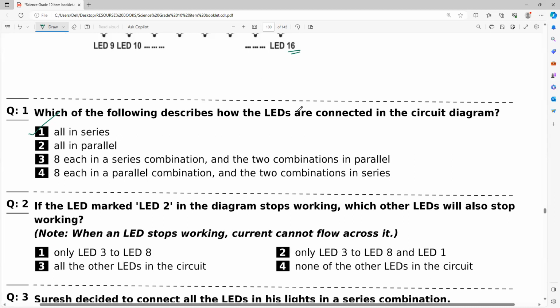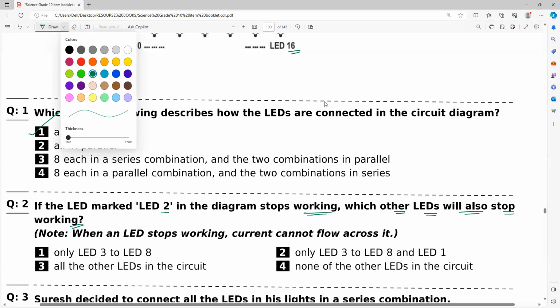Next. If the LED marked LED 2 in the diagram stops working, which other LEDs will also stop working? In series connection, you have to remember one point. If any one device stops or is damaged during the connection, then what will happen to other devices?